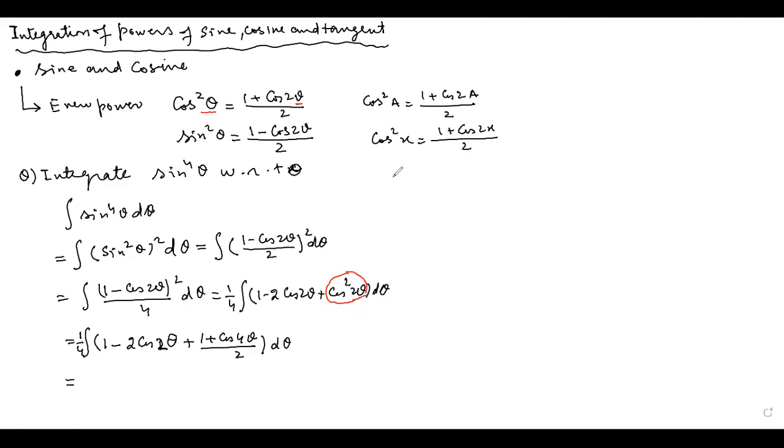If I will replace theta with 2x, then I will have to replace all the thetas with 2x. So cos square 2x is equal to 1 plus cos 4x over 2. Should I repeat this?